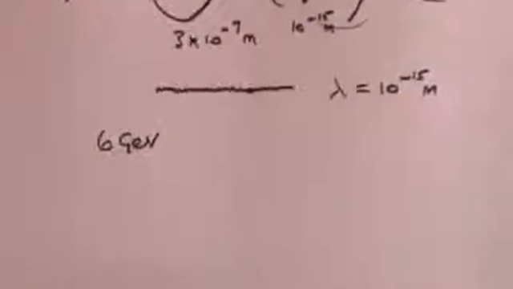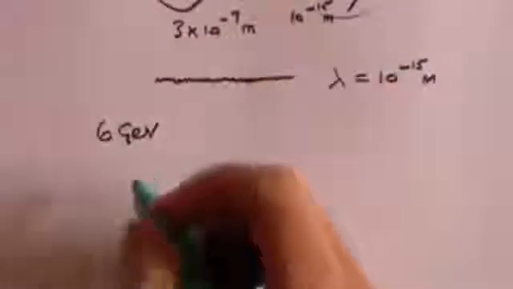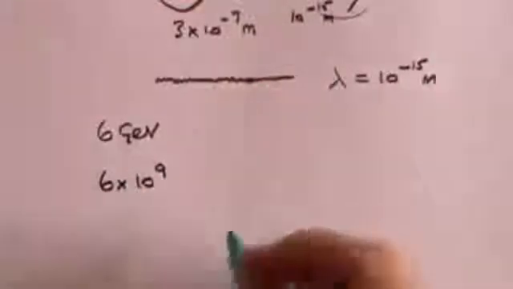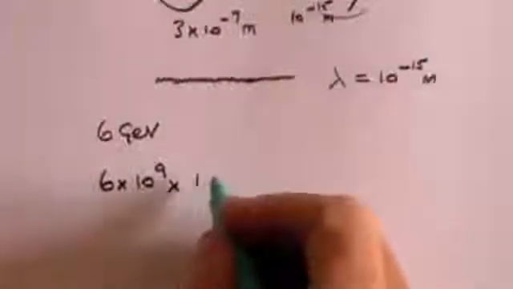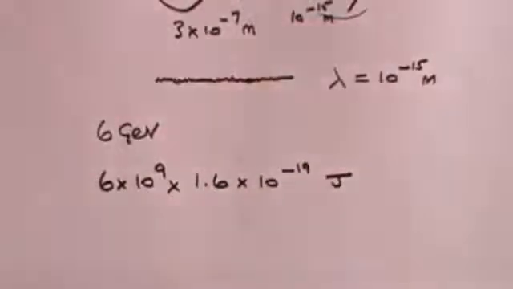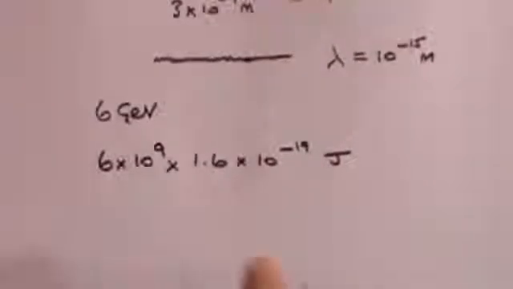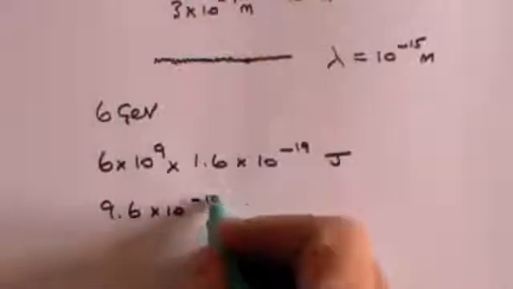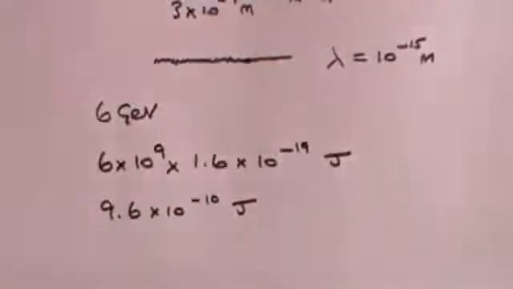Well, let's just convert the energy into joules. 6 GeV will be 6 times 10 to the 9 eV. And then to convert that to joules, we need to multiply by 1.6 times 10 to the minus 19. That gives you the energy of that electron beam in joules, and that reduces to 9.6 times 10 to the minus 10 joules.